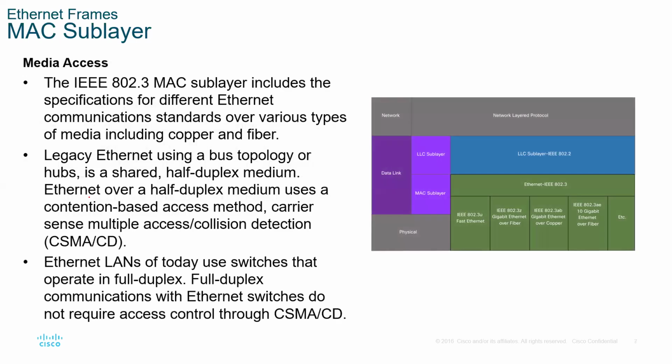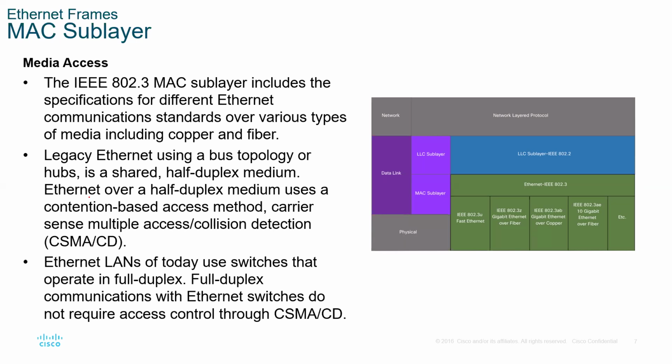Right, the MAC sublayer, media access. The IEEE 802.3 MAC sublayer includes the specifications of different Ethernet communication standards over various types of media, including copper and fiber. Legacy Ethernet using a bus topology or hubs is a shared half-duplex medium.